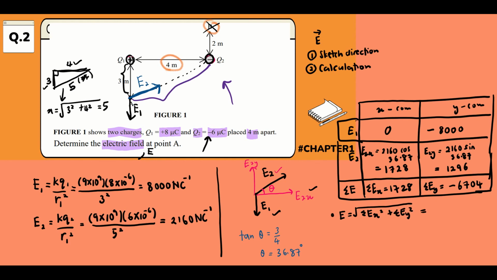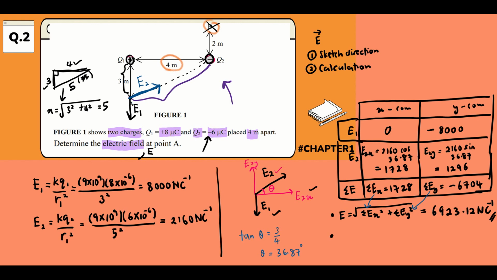Now you substitute the values, this is for Ex and this is for Ey. You're supposed to get your total electric field as 6923.12 Newton per coulomb.